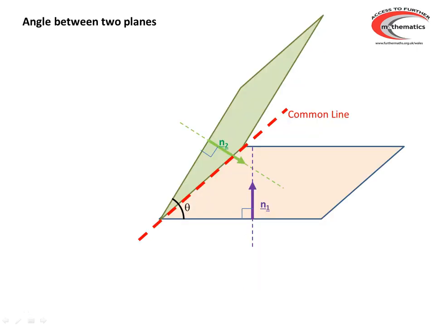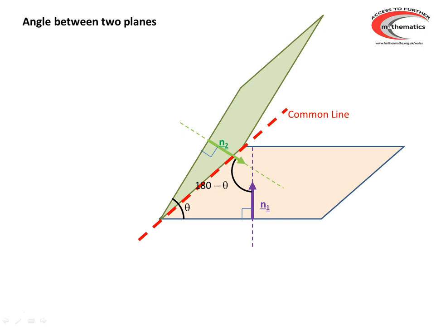We'll now move on and look at the angle between two planes. In the two planes in the diagram, the angle that we are looking for is the angle theta. Thinking about the angle between the first plane and its normal, which is n1, and the angle between the second plane and its normal, which is n2, each of those two angles must be right angles, which means that the fourth angle in the quadrilateral that we have must be 180 minus theta.